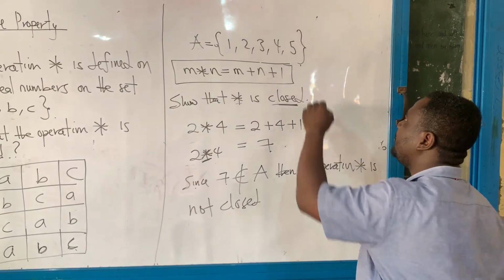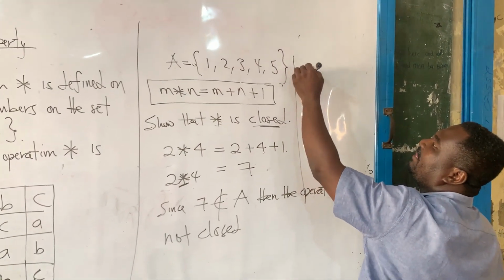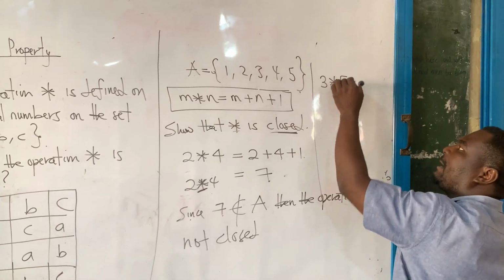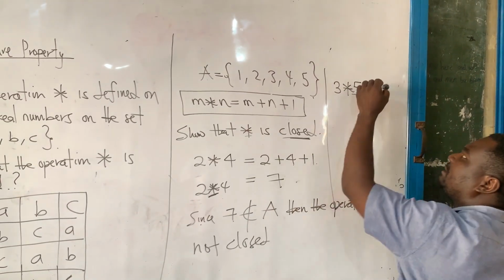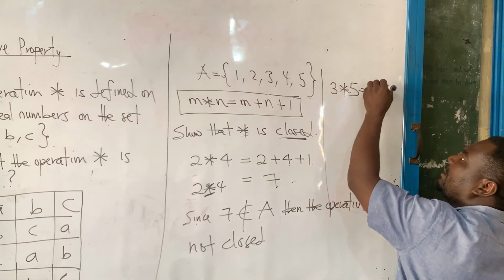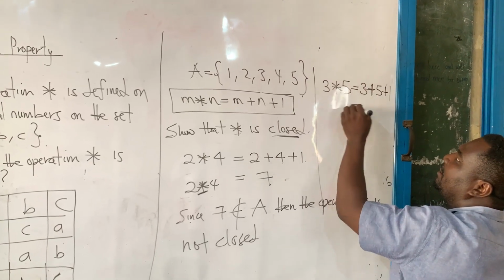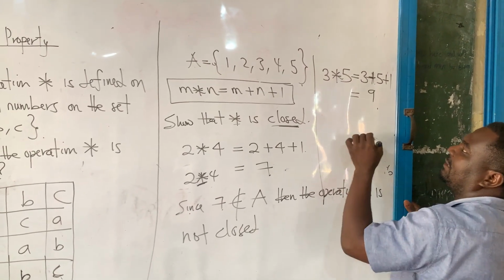Then we can say that since 7 does not belong to set A, the operation is not closed. Watch here. One may choose to pick a number like 3 star 5. After putting 3 and 5 into the formula, which is 3 plus 5 plus 1, what is the result? 3 plus 5 is 8, plus 1 is 9.